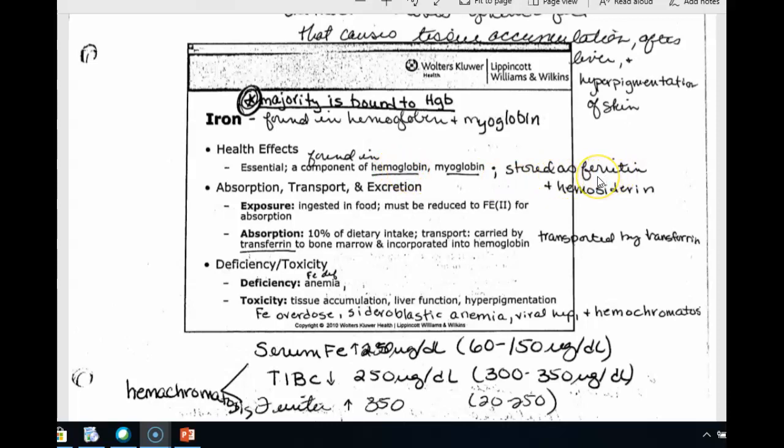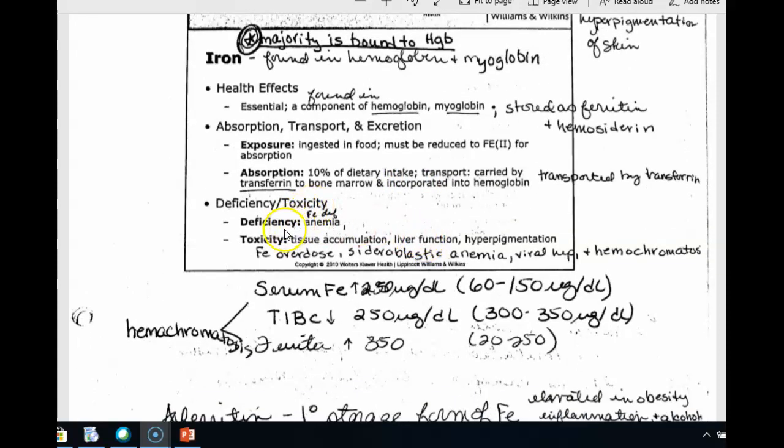Iron is stored as ferritin and hemosiderin. Those are two important storage forms of iron. Again, transferrin is the transport protein that transfers iron to the bone marrow, where hemoglobin incorporates it and allows it to bind oxygen.